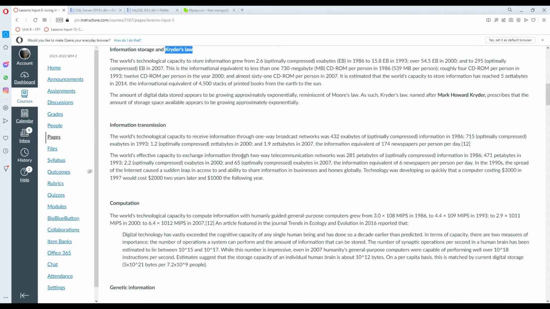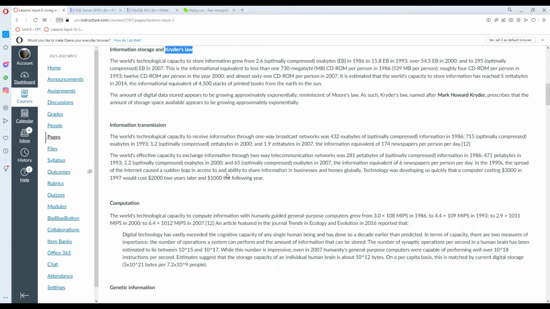Information transmission. The world's technological capacity to receive information through one-way broadcast networks was 432 exabytes in 1986, 715 in 1993, 1.2 zettabytes in 2000, and 1.9 zettabytes in 2007. The information equivalent of 174 newspapers per person per day.